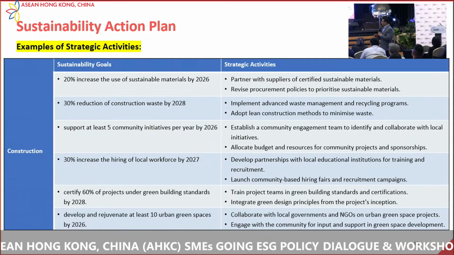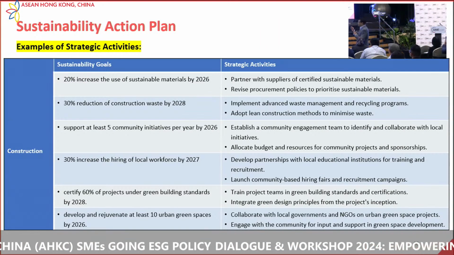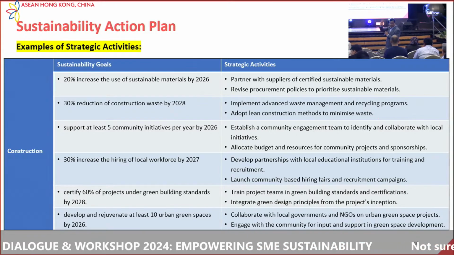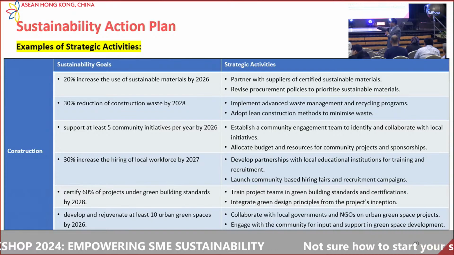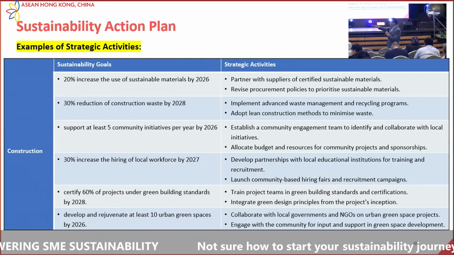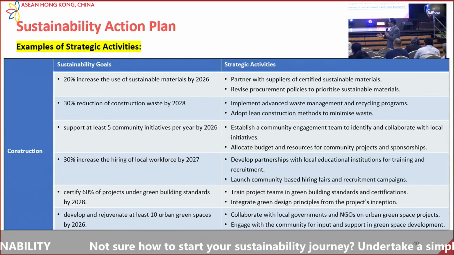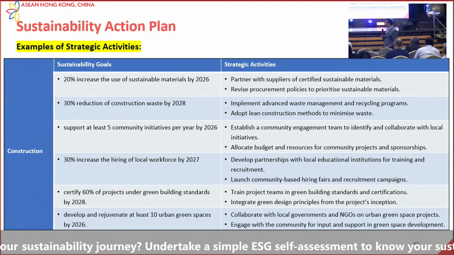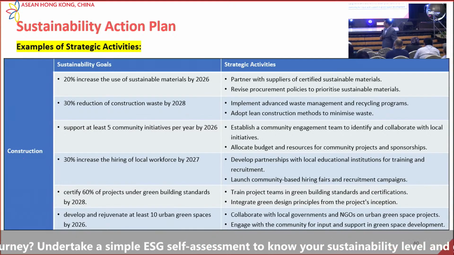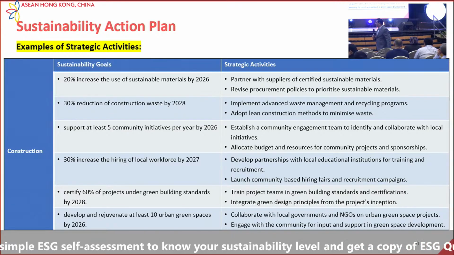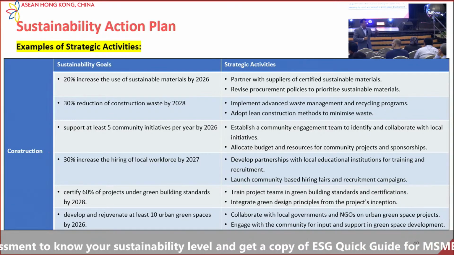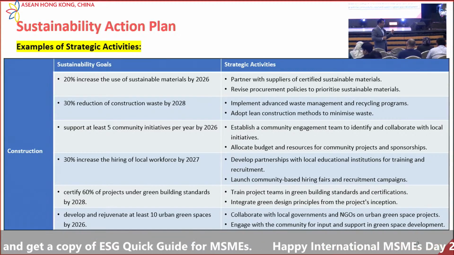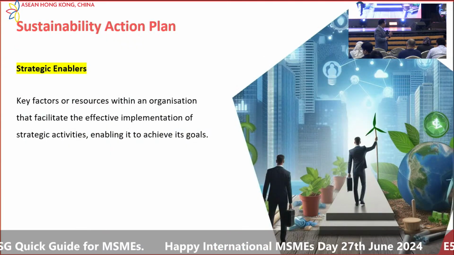So, for example, a dummy example: for me to reach my goal of a 20% increase in sustainable materials by 2026, this is what I'm going to do. I'm going to partner with suppliers of certified sustainable materials. I'm going to revise procurement policies to prioritize sustainable materials, and on and on. You get it, right? Understand? Okay. Next one.